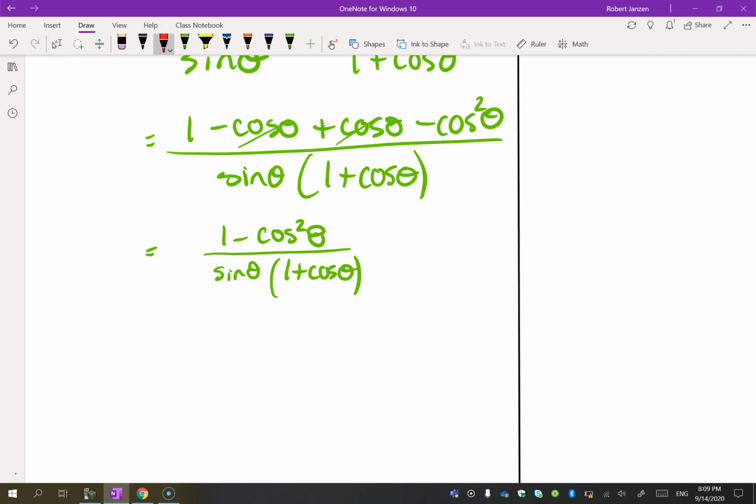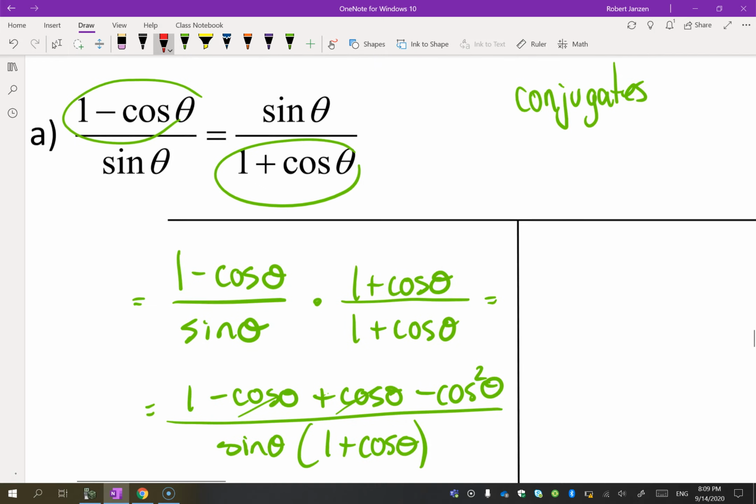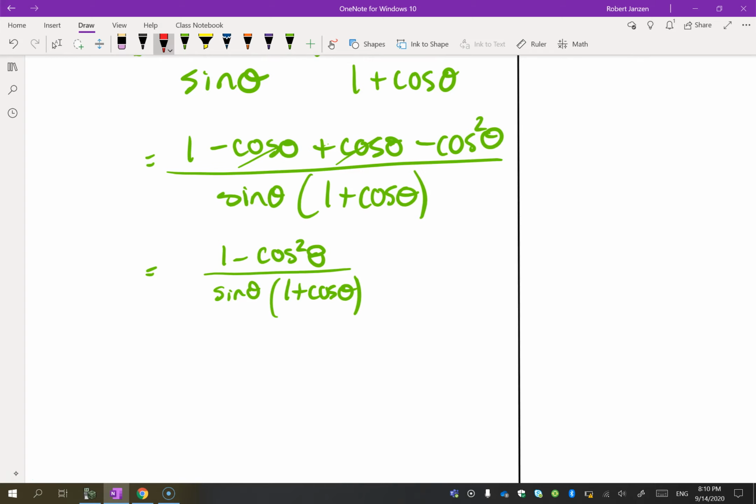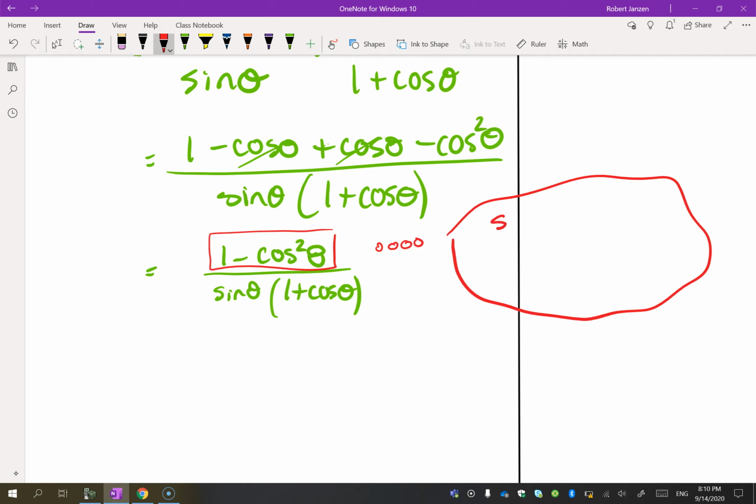Now, where do we want to end up? Somehow we need to have a sine in the numerator. But the problem is I have cosine up there. But maybe you recognize this. What is that? Well, if you remember, sine squared plus cos squared equals 1. What is sine squared?